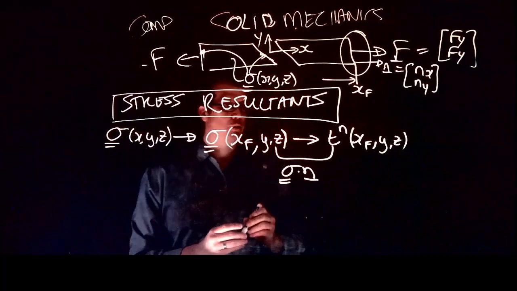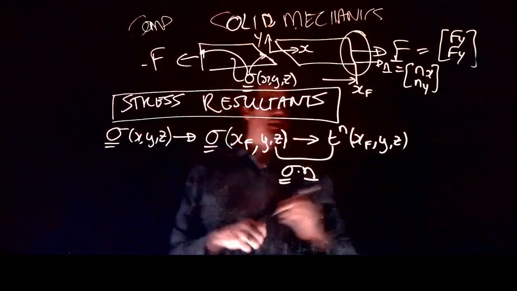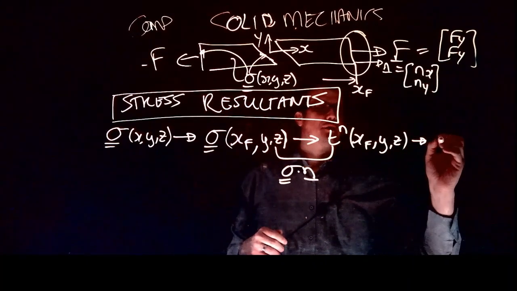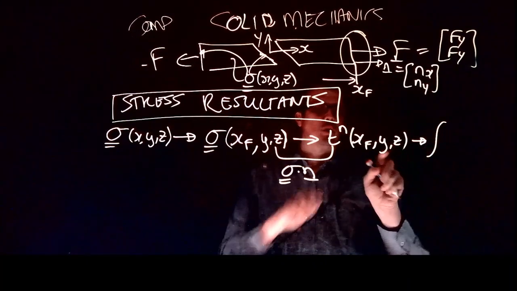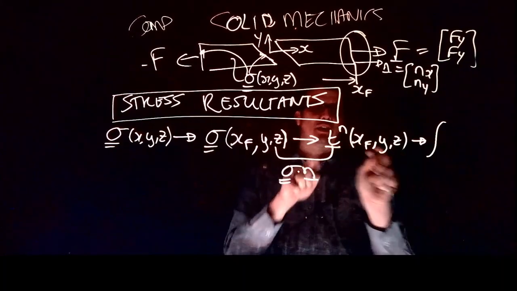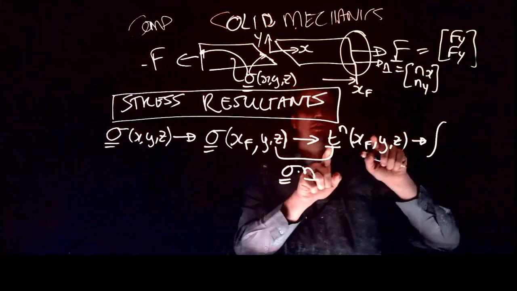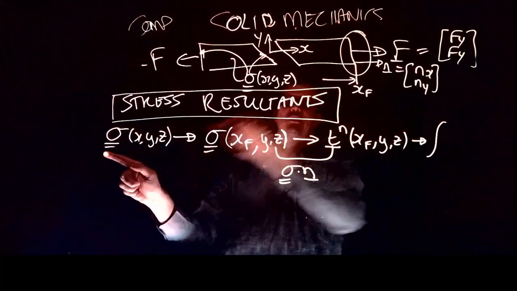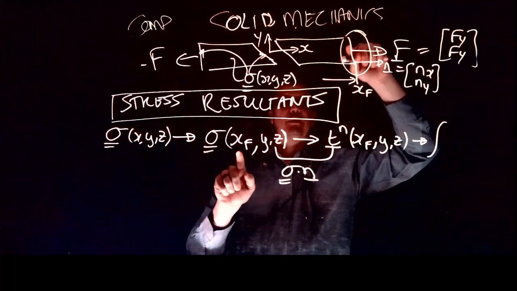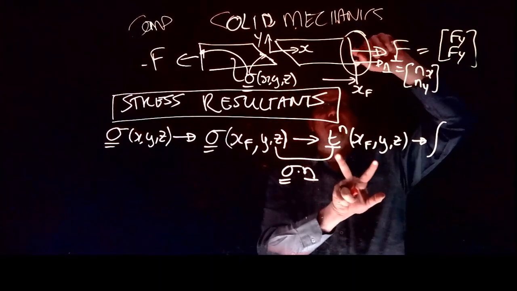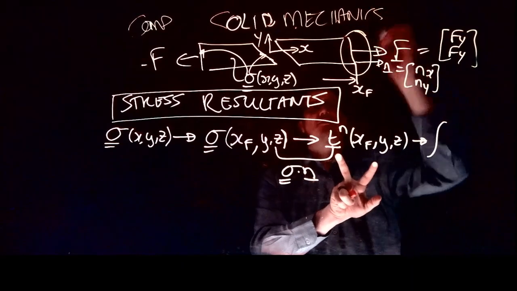That's exactly what we learned before. So this is this, and the next step, if I want to get towards the force, is that I need to integrate. But what do I need to integrate? Do I need to integrate this whole vector, or just a component of it? If you think about it, I go from the stress tensor at this face, evaluated at XF and dotted with N, and I have a traction vector that lives in this face. This traction vector could point in any direction.